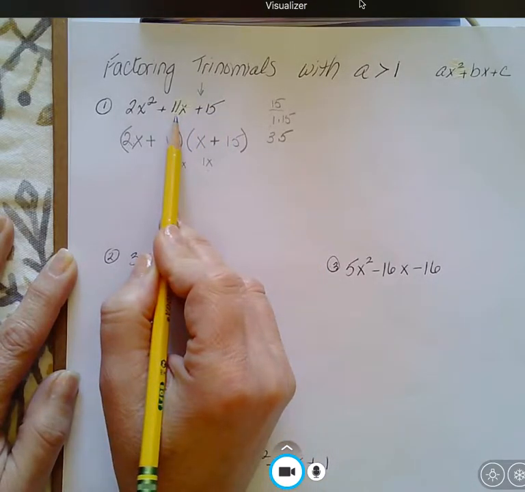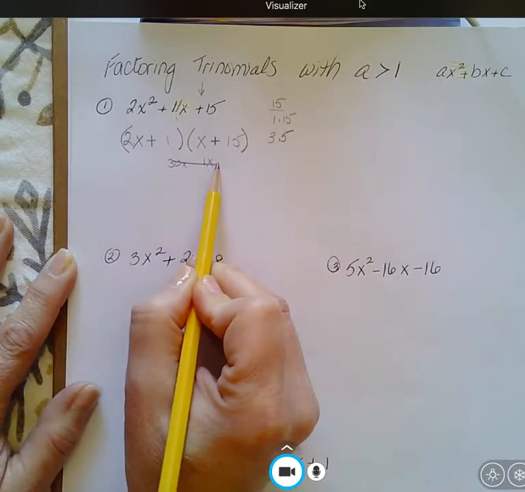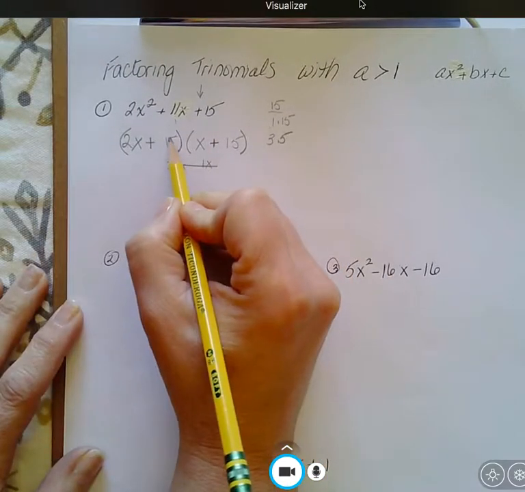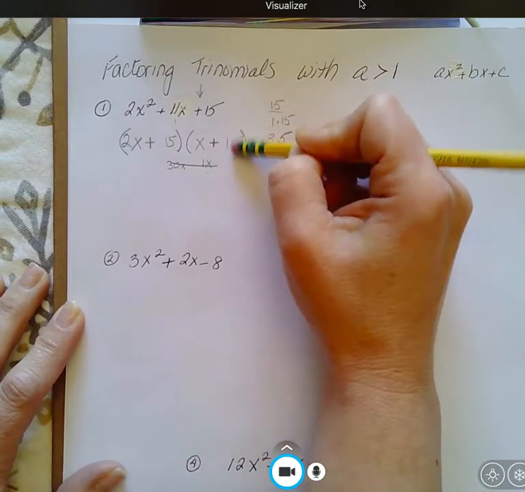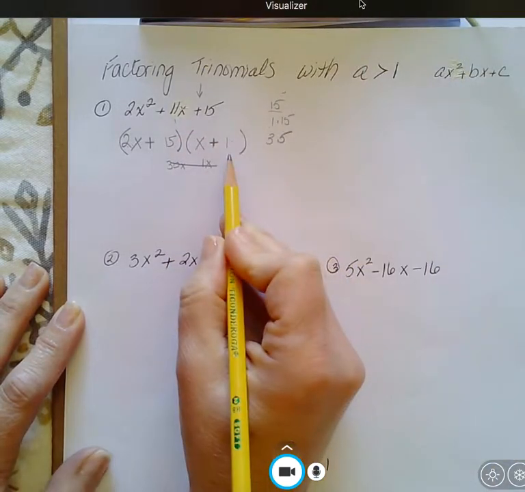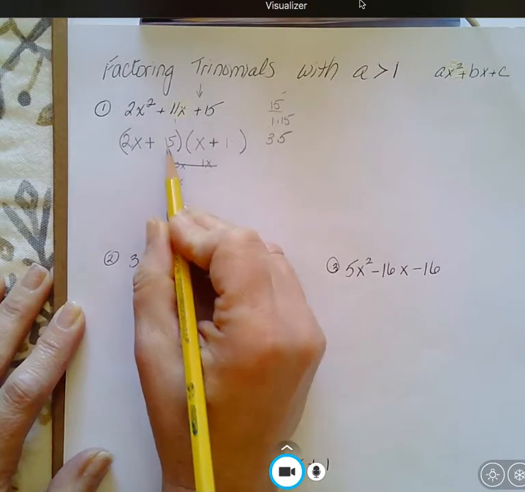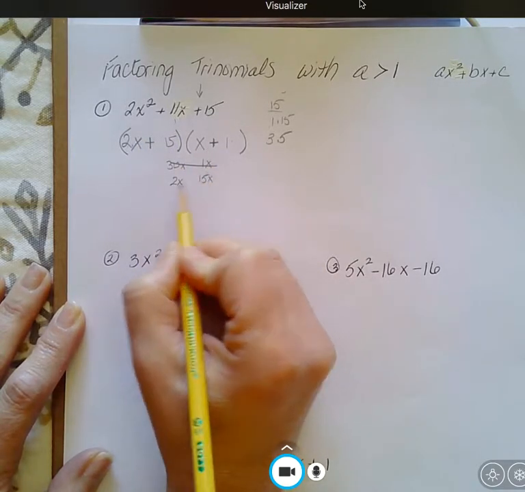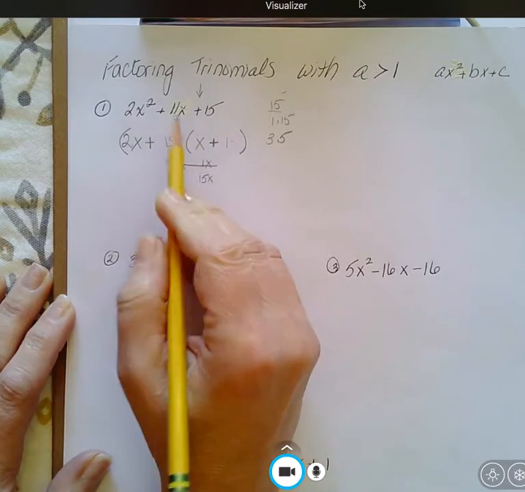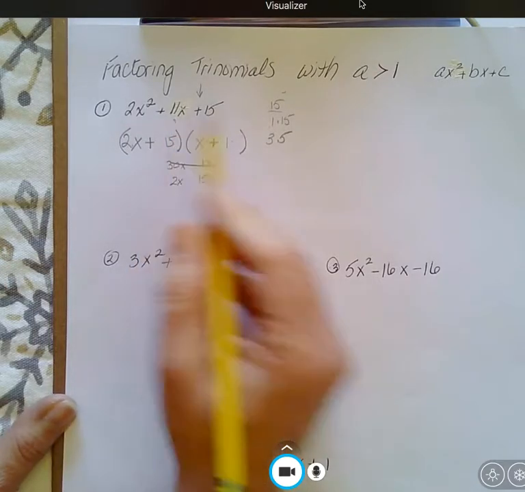And I want to get 11. That's not it. Maybe I'll switch them. Maybe this one will be 15, I'll just do it this way, and maybe this guy here will be the 1. Multiply my outers, that's 2x. Multiply my inners, 15x, that's 17, not 11. Not going to do it.